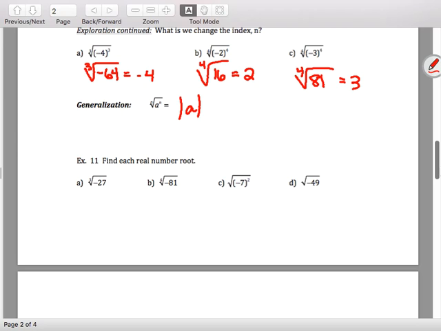All right, now using this, try example 11. I'll give you a head start. And it is possible on this one to get not a real root, and you can abbreviate it NRR.